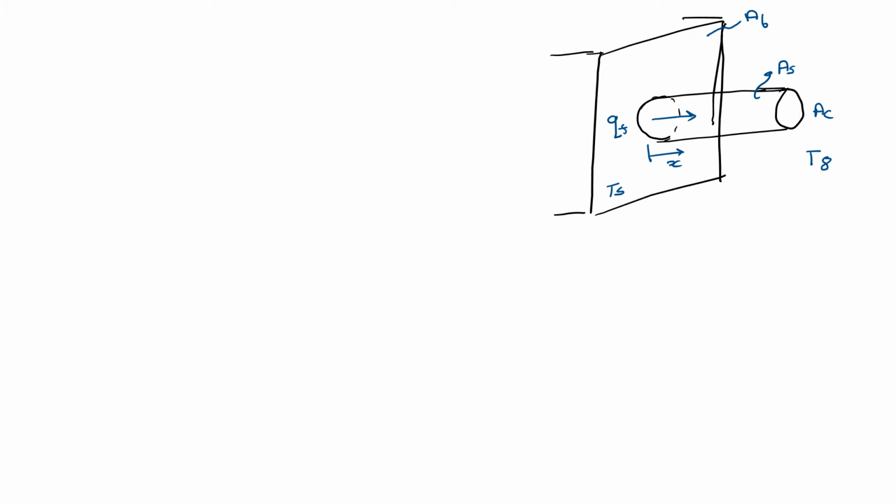Okay, so we define the fin heat transfer rate QF as minus K AC times dT/dx at x is equal to 0. So this is the heat transfer rate at x is equal to 0. So this is what goes into the fin.